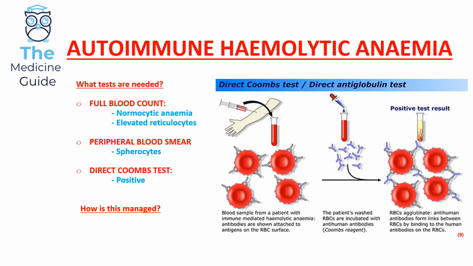The patient's washed red blood cells are incubated with anti-human antibodies, which is the Coombs reagent, and a positive test result is when the red blood cells agglutinate, so you've got anti-human antibodies forming links between the red blood cells by binding to human antibodies on the red blood cells. So that's an example of a positive test result, and that's found in autoimmune hemolytic anemias.